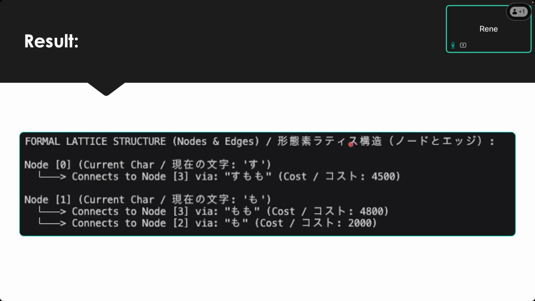The cost has to be the smallest, right? So is it better to have separate su and momo, which will add the frequency of both words and the cost of connecting them, versus having just one word sumomo? And apparently the lowest cost will be just to have the word sumomo, right?